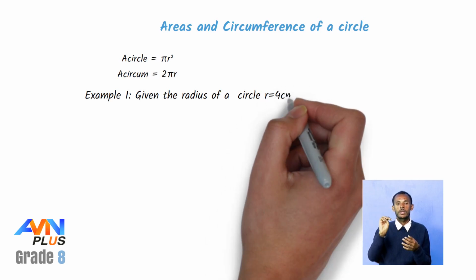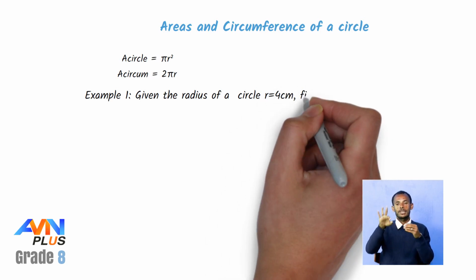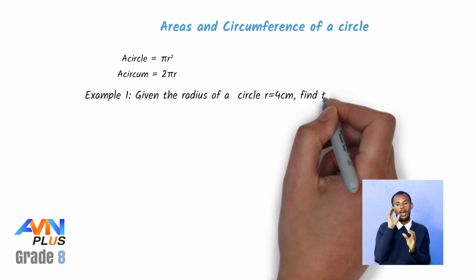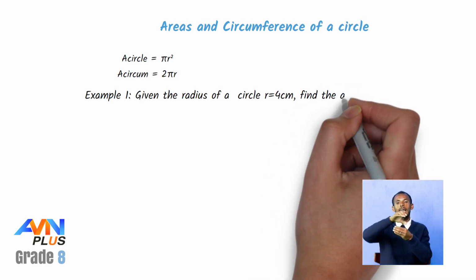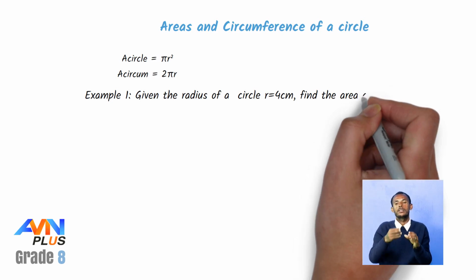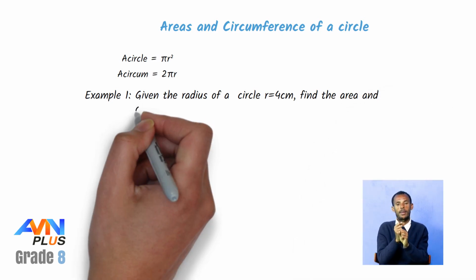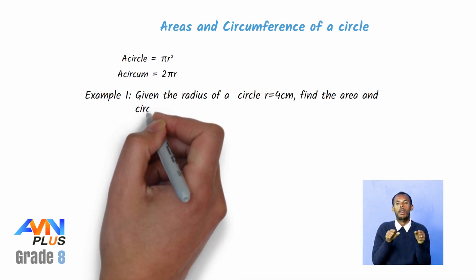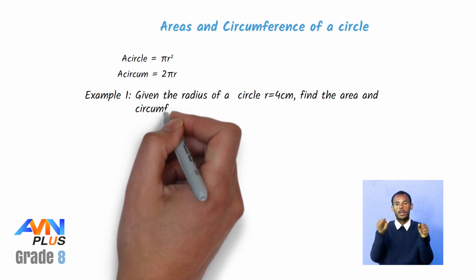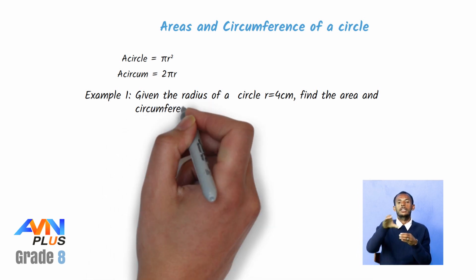Okay, if you know the radius of a circle, you can easily calculate the area and circumference. So given the radius of a circle, find the area and circumference of this circle.